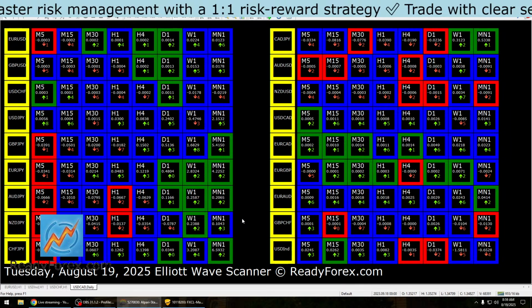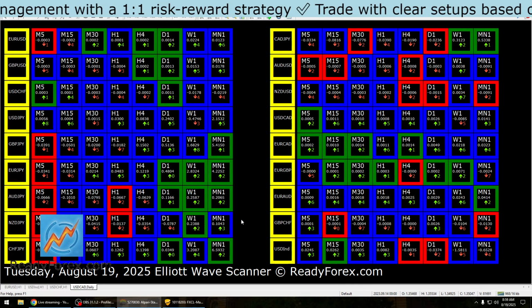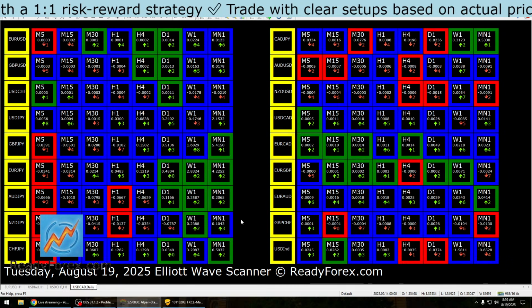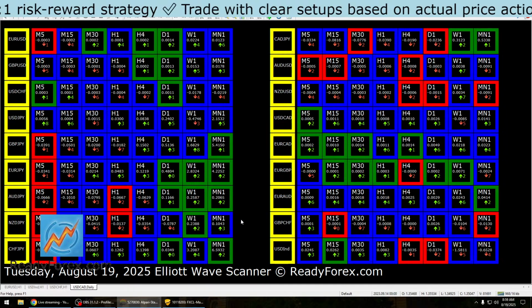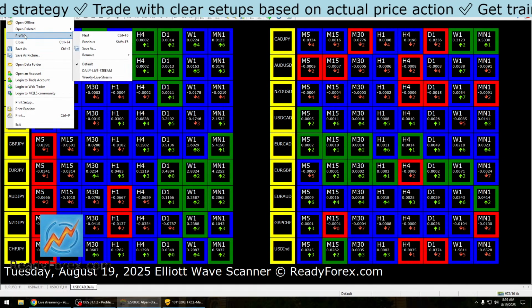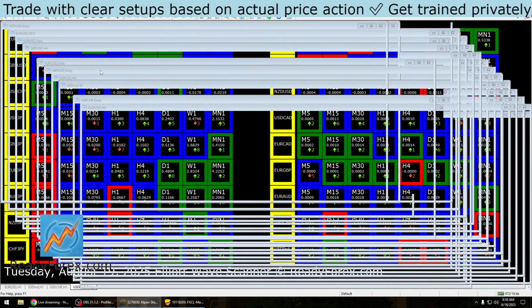Same goes with the GBPUSD. USDCAD is a little bit bullish, not much bullish. Let's go back to the US dollar CAD chart now and see what's going on.